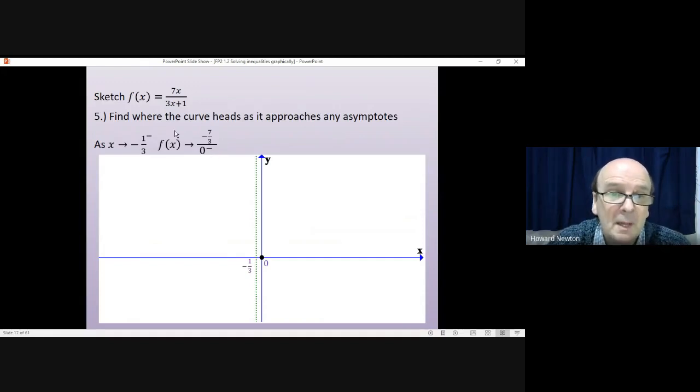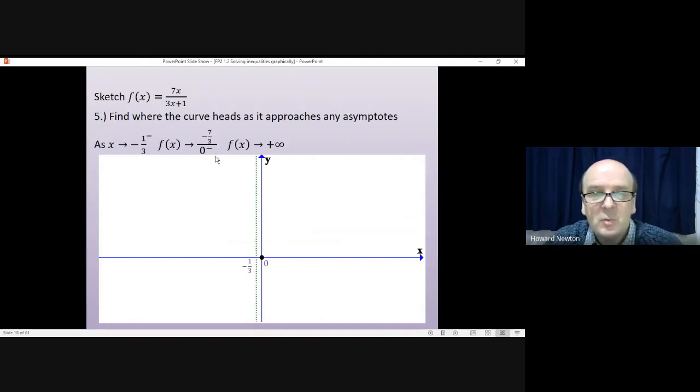On the top, as x tends towards minus a third, well, the top just tends towards minus 7/3, 7 times x. But it's the bottom thing that you need to be careful with. The bottom is going to head towards 0 because we've got an asymptote. What you need to check is whether that's going to be plus or minus 0. In this case, it would be minus 0, so a negative number very close to 0.